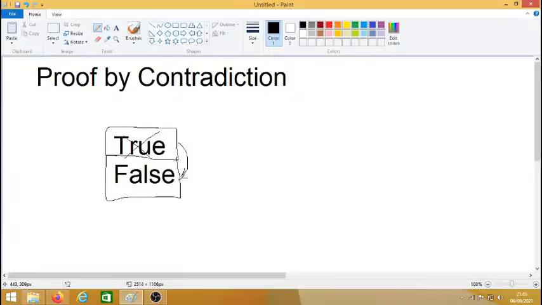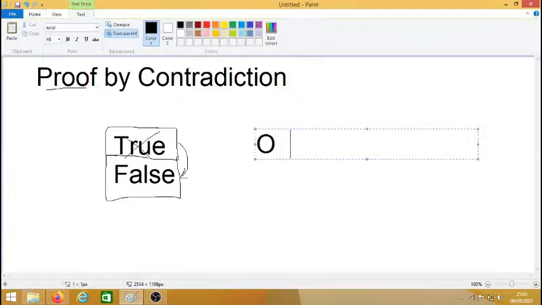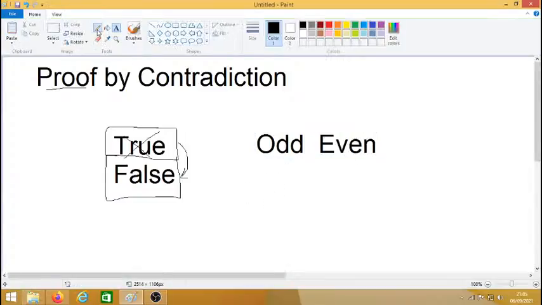But how does that help us prove anything? The reason it can help us prove something is if you've only got two options. So if a number can be either odd or even, and you can show a contradiction. So imagine that you're thinking the number's odd, and then you follow through the steps and you end up with showing that no, there's something wrong here. What I'm reading in front of me has to be false.